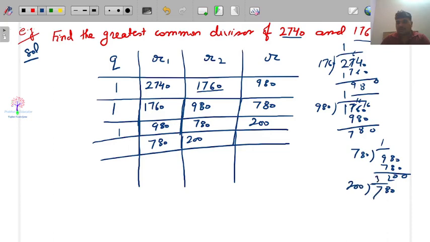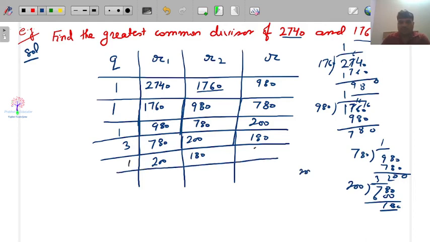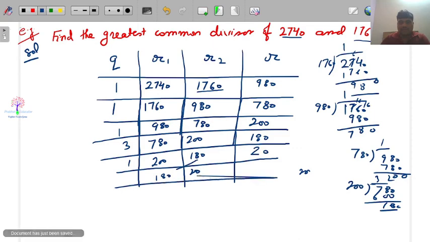So 3 times 600, remainder is 180 and quotient is 3. Now again replace this, 200 and 180. Do this. So 1 time and remainder will become 20. Now replace again, 180 and 20. So 9 times and remainder 0. Just stop.